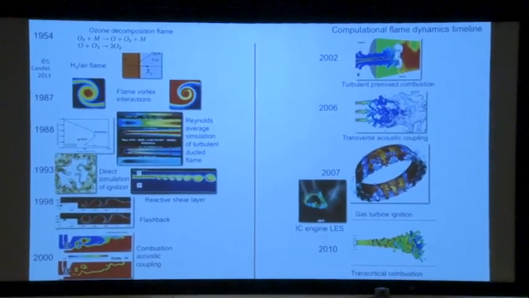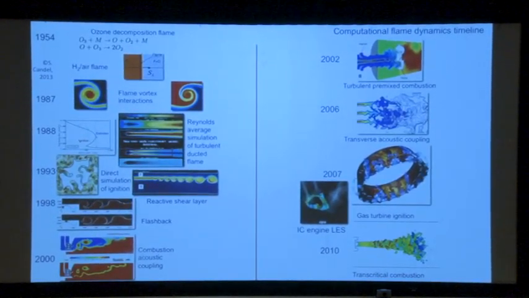This more or less looks like what we were able to do. In the 1950s, for example, Theodore von Karman and Penner solved the problem of the ozone flame, a flame which is formed by the decomposition of ozone with two reactions.